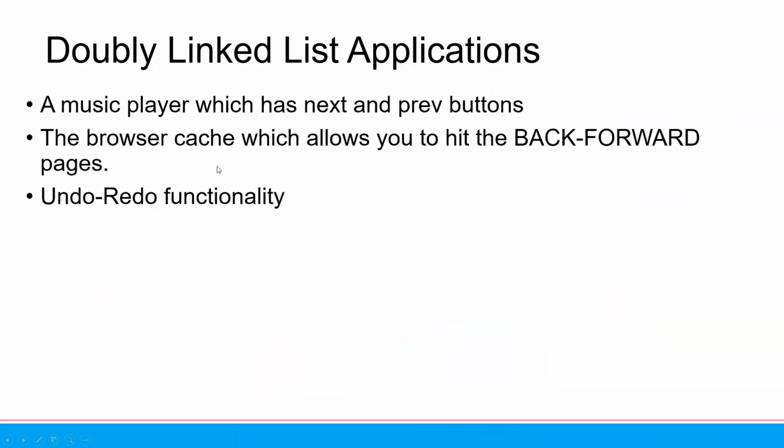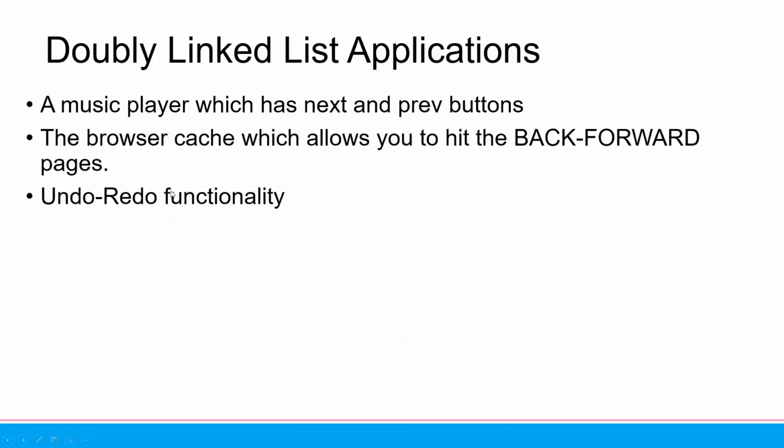An example is a music player. You can go to next and you can go to the previous one. Or if you are in the web browser, you can go back and forward. So it is connected.